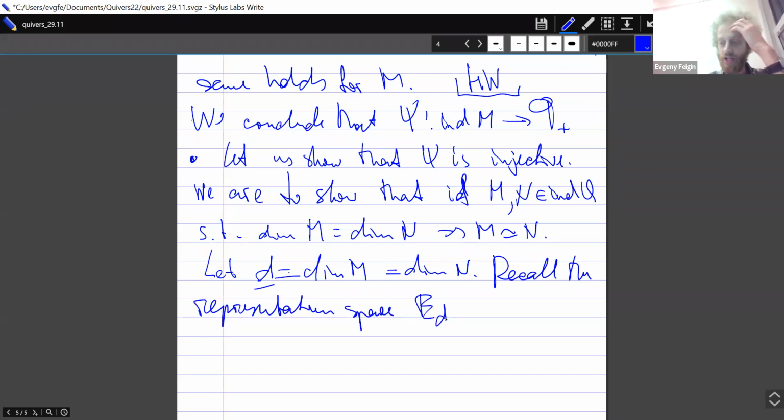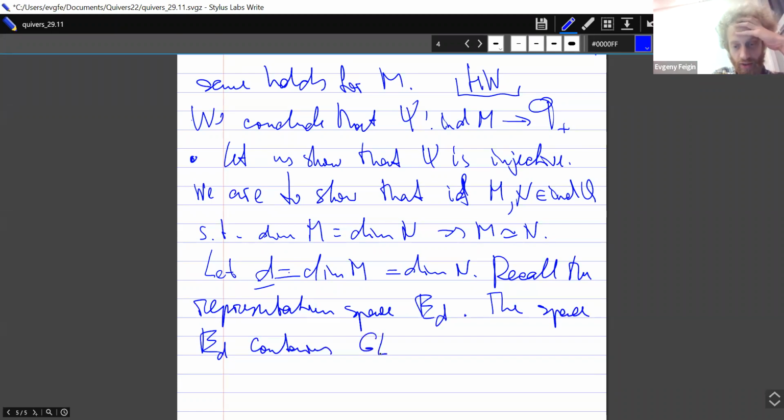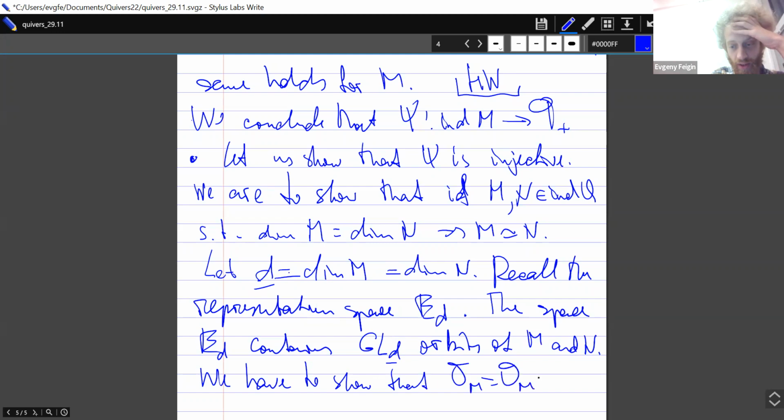This is the space of all representations of dimension D of our quiver. And this space E_D contains GL_D orbits of M and N. So we have to show that O_M equals O_N inside E_D.